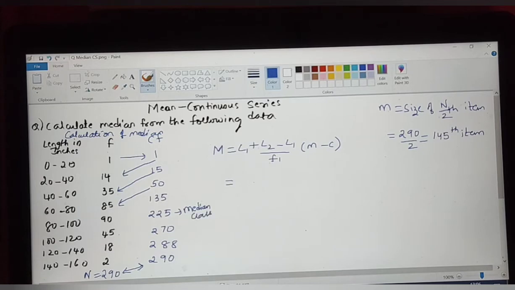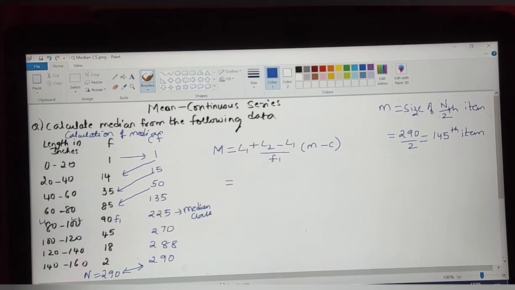Now let's write down the values. L1 value is 80, L2 value is 100. The corresponding frequency of the median class will be denoted as F1, and the C value is the value preceding the median class inside the cumulative frequency.